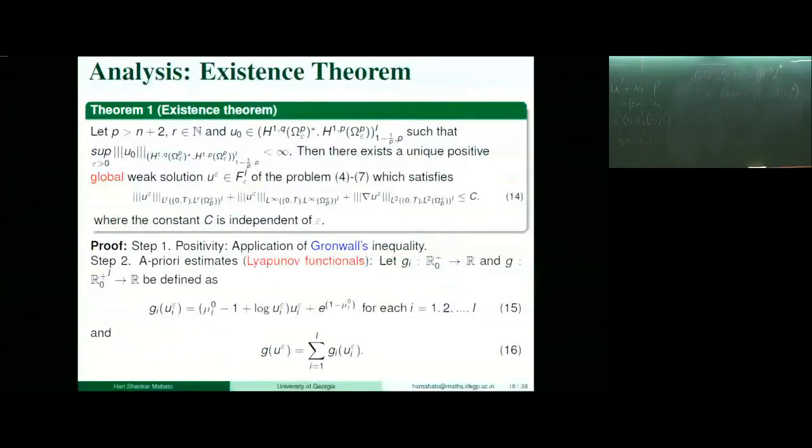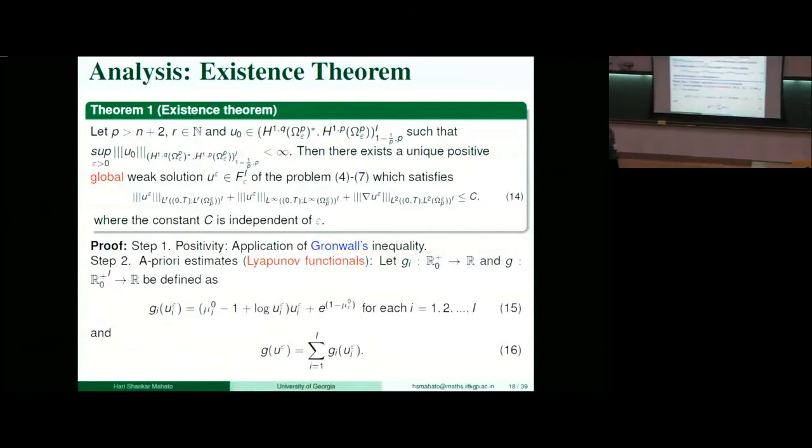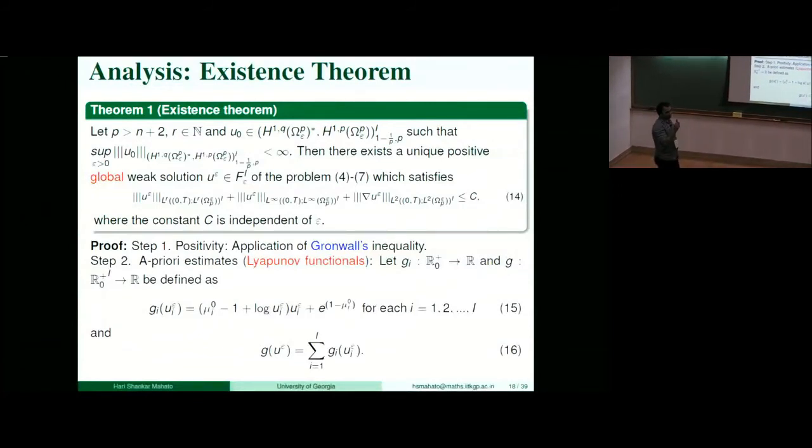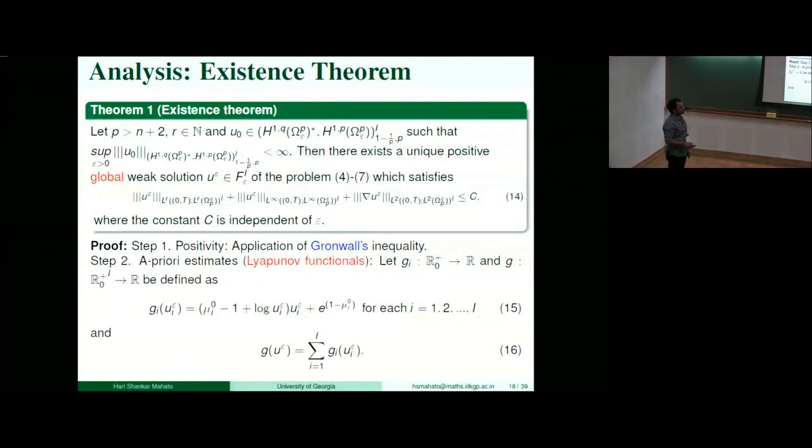Therefore we can use maximal parabolic regularity to show that we have a unique solution, because our elliptic operator has maximal parabolic regularity, and we managed to show that F of u is in this dual space setting. And therefore, we have a unique positive, so far, solution. And that is global also, because this estimate is global in time.